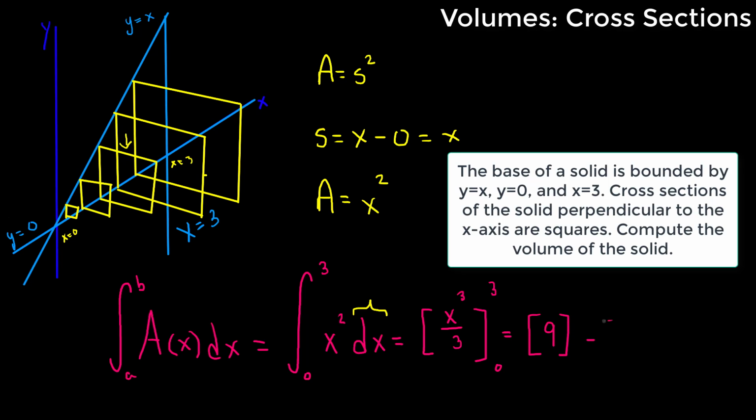And then we'll subtract at 0, so 0 cubed over 3, that'll just be 0. 9 minus 0 gives us 9. And so the volume of the solid will be 9 cubic units.